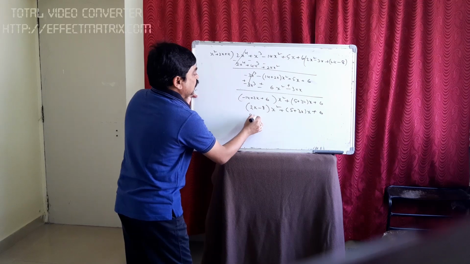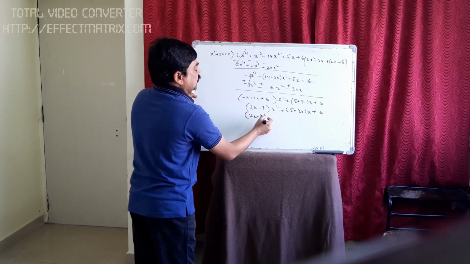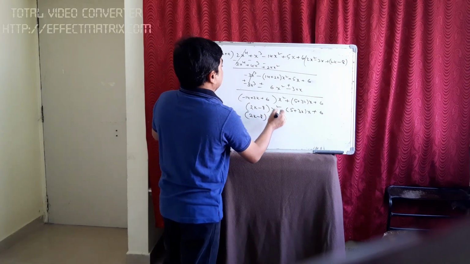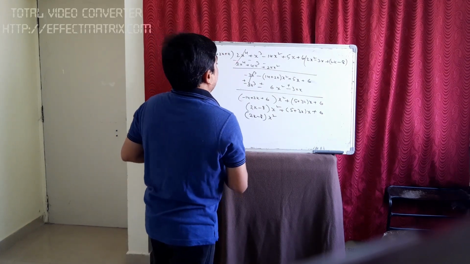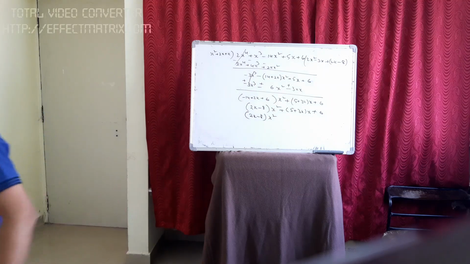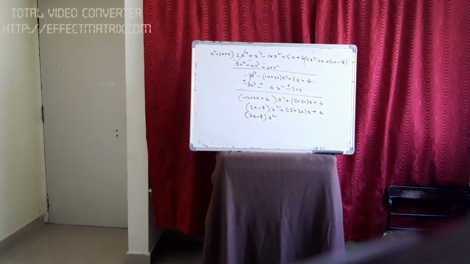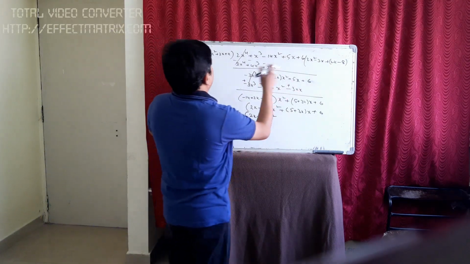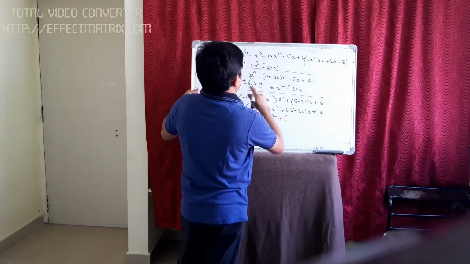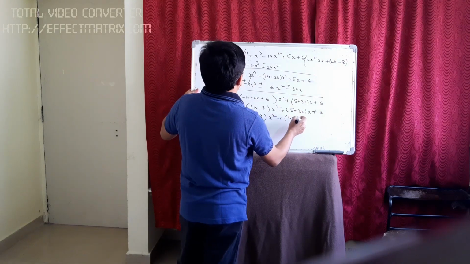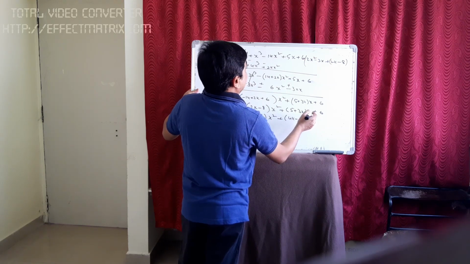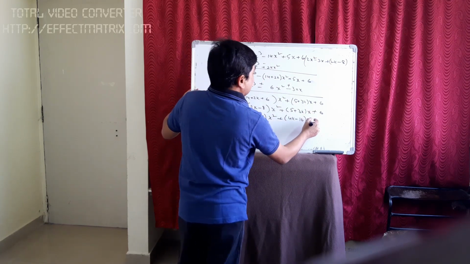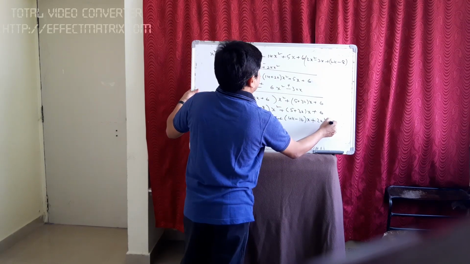It becomes 2k minus 8 of x square plus 2, send it inside, 4k minus 16 of x plus k into 2k square minus 8k.